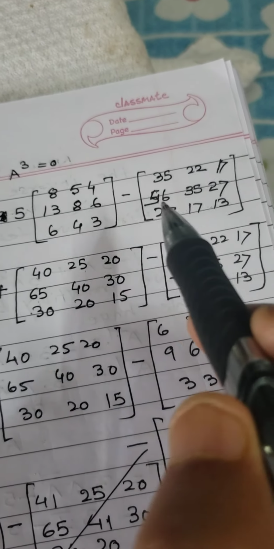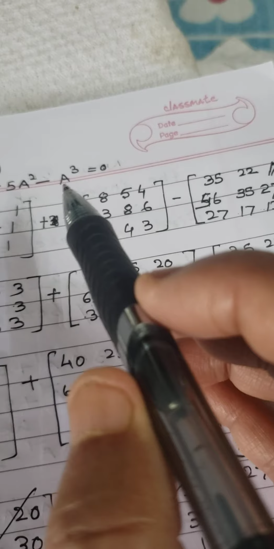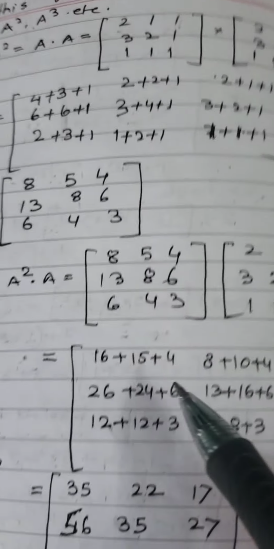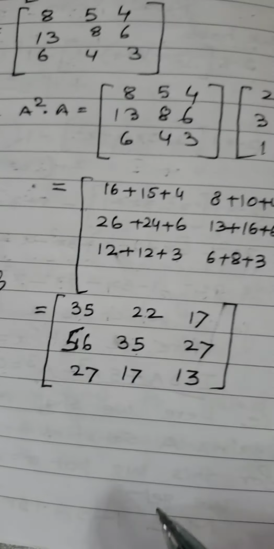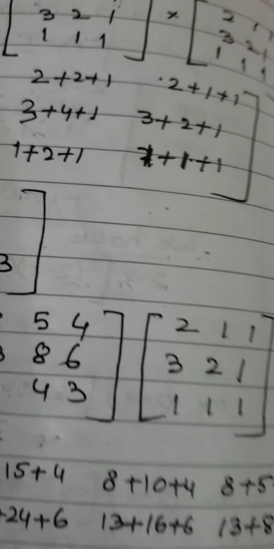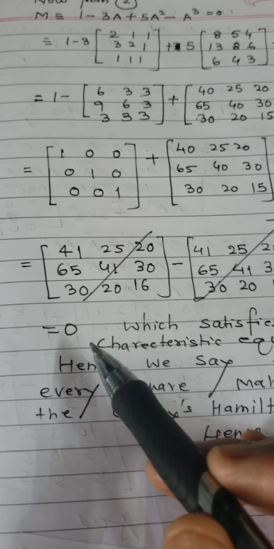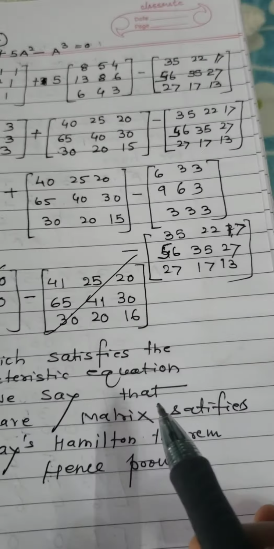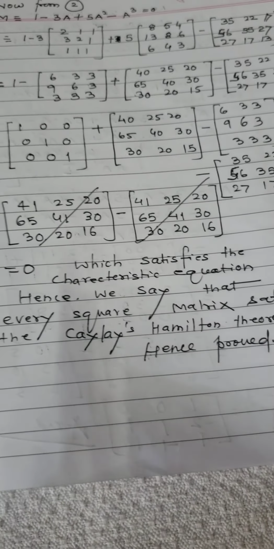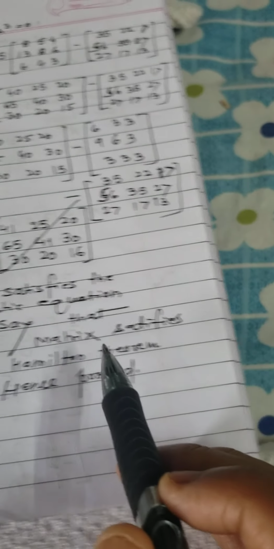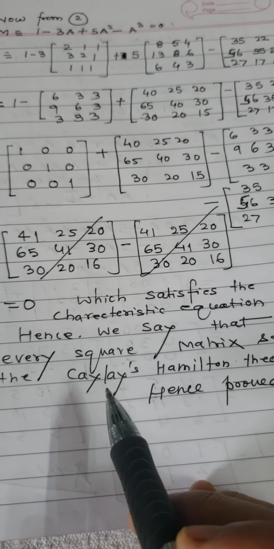Similarly, minus A cube, we put the value of A cube, and simply calculate. We see that all entries vanish, all become 0, which satisfies the characteristic equation. Finally, we say that every square matrix satisfies the Cayley-Hamilton theorem, hence proved.